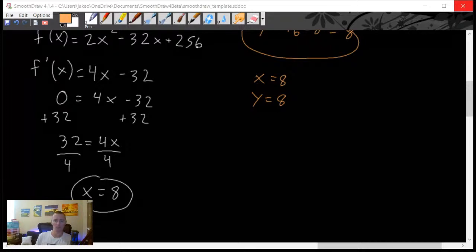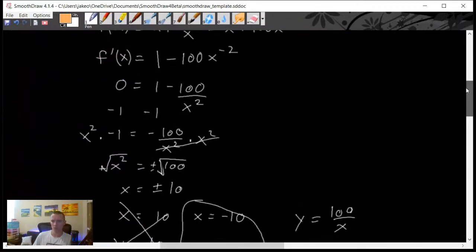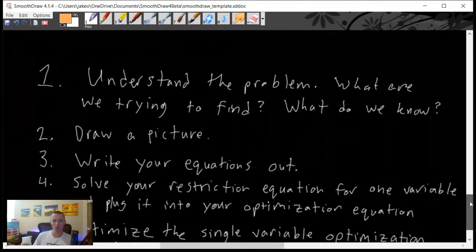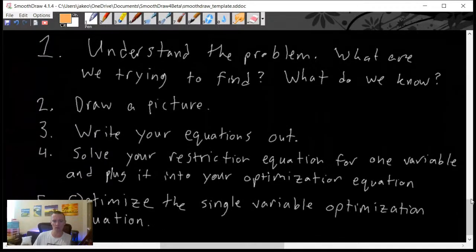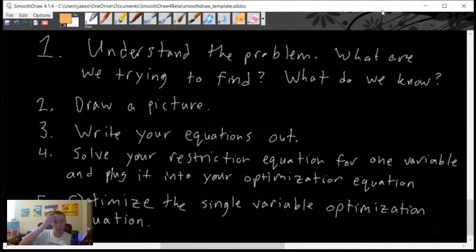I can get that 5-step process pulled up again. You really just want to take a minute to figure out what the problem is asking you to find. What are they giving you? What do we need to figure out? If it's some sort of physical situation that's being described, either a geometric shape or another common one is someone has to run along a shore and swim across a river.